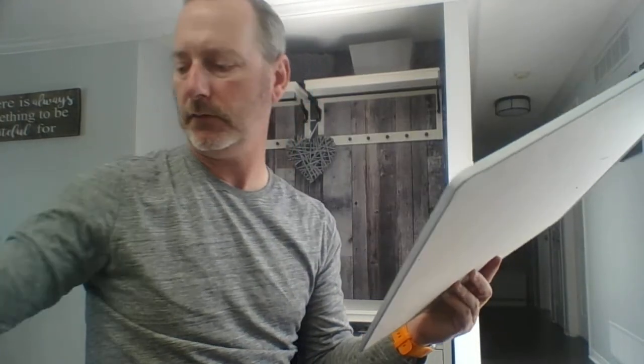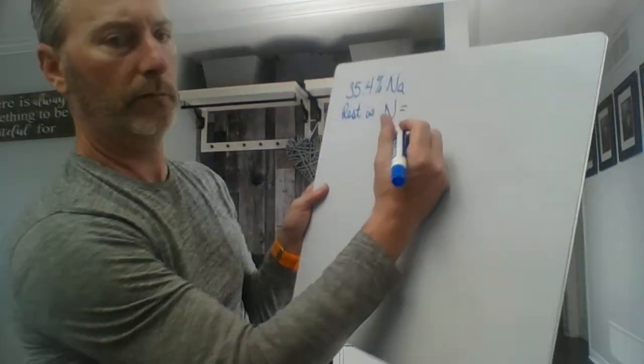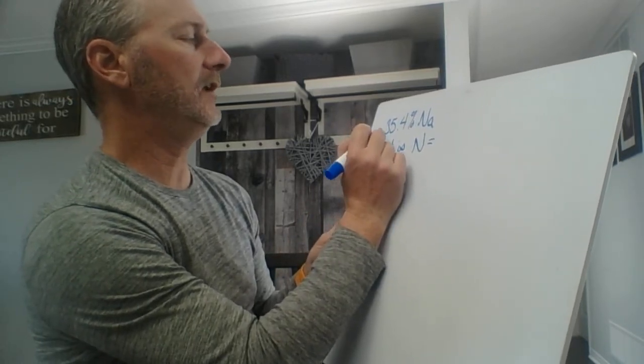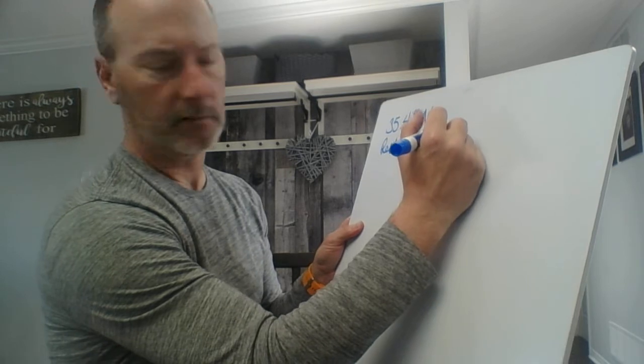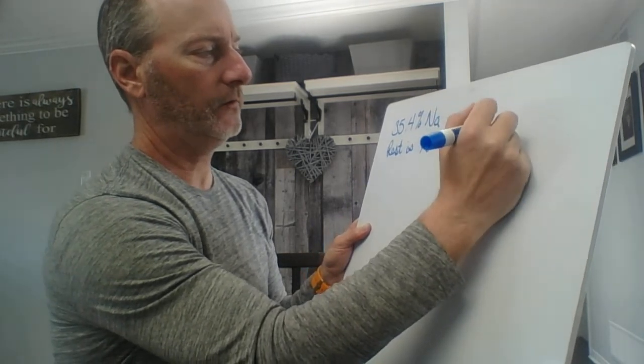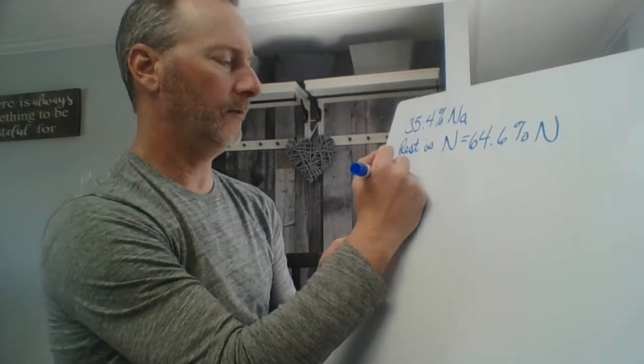All right, let me get my calculator ready as well. These are the ones coming right out of the book. The rest, hopefully we can figure out, would be 64.6% nitrogen. So assume 100 grams.